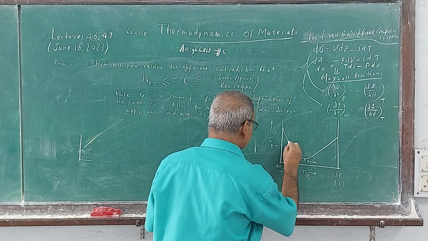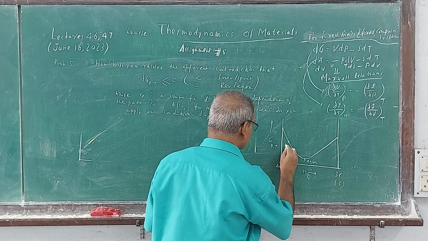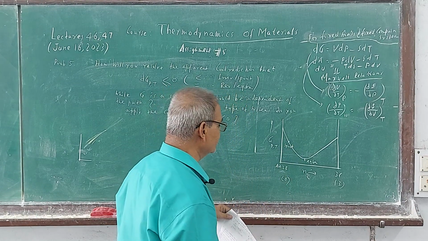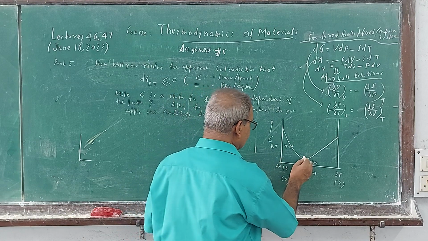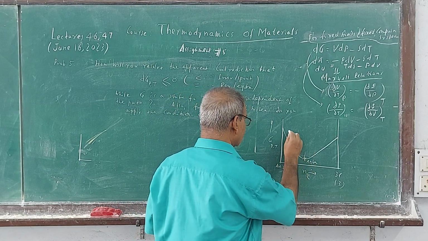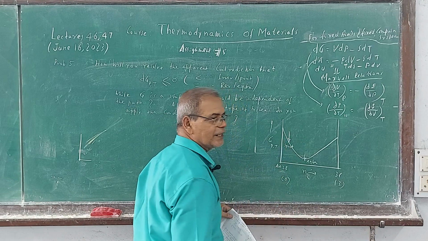And this is the point, the state of spontaneity. That means DGPT is 0 at this state, and so these are two different states.